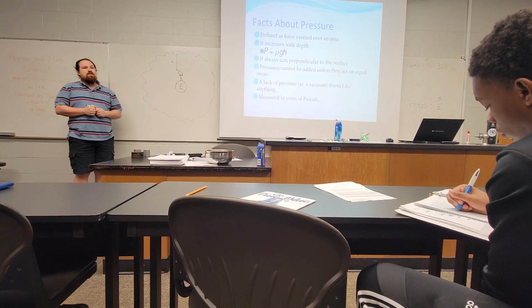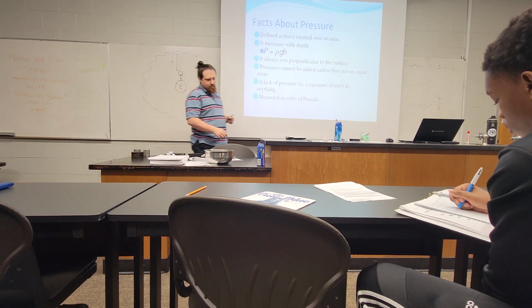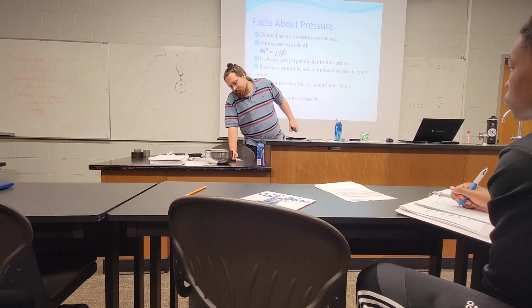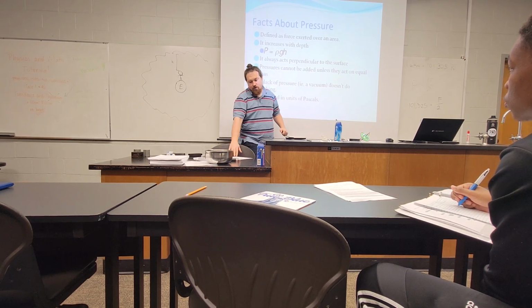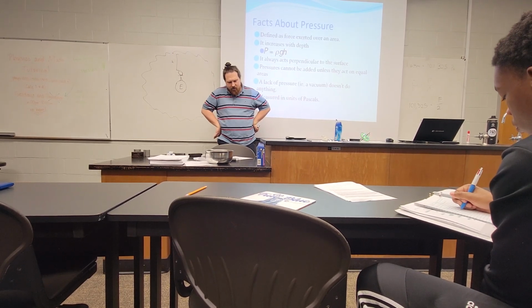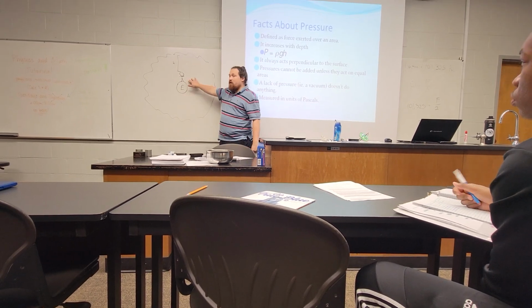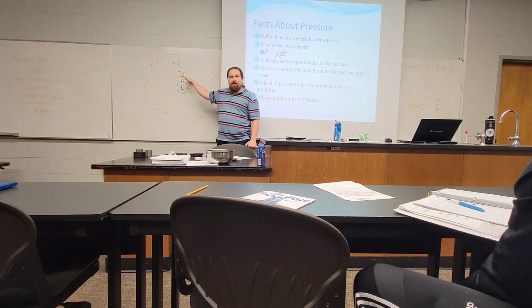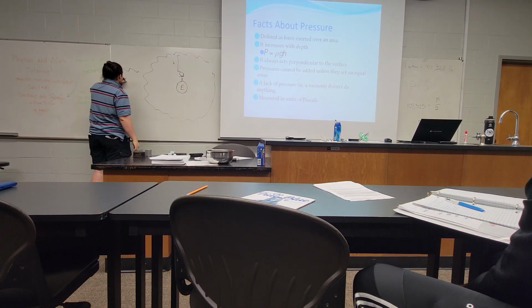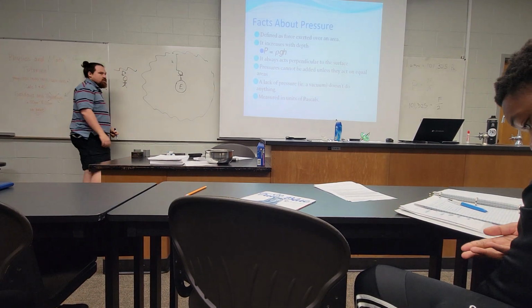Yes? On the equations sheet for pressure, in front of the PGH that we just talked about, there's P-naught. What is that? Right. Good question. So that formula is actually for true pressure, come to think of it. What that means is, when we're on Earth's surface, we are subject to the air pressure. And if on Earth's surface you jump in a pool, there's now a column of water above your head.